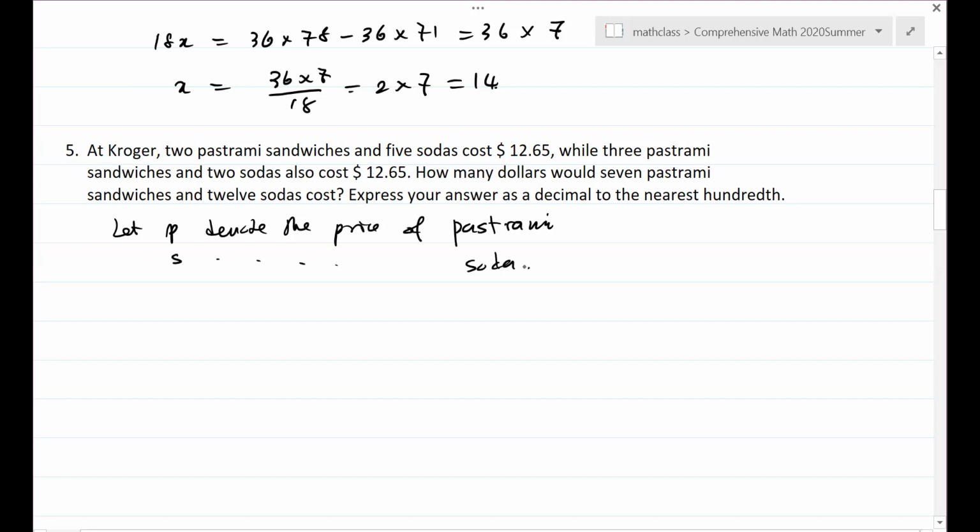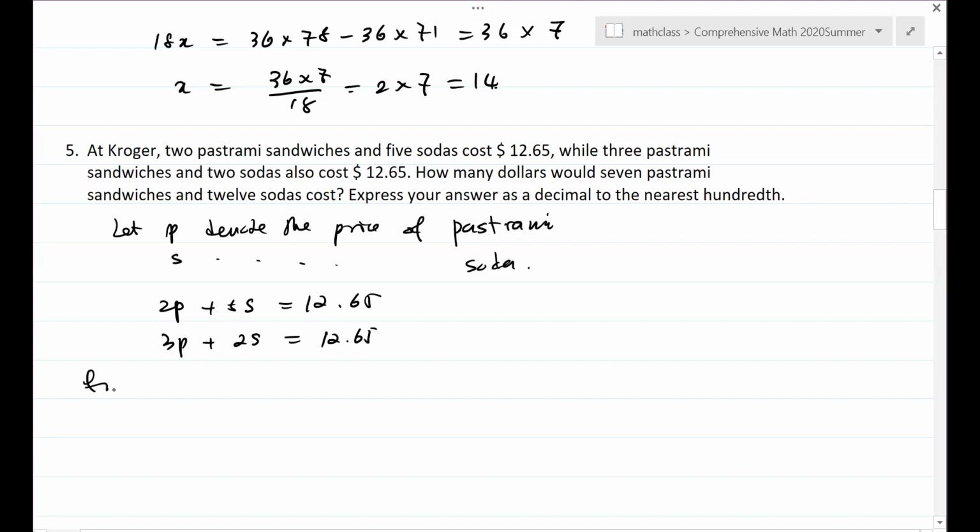Then you write down the information you're given. 2 pastrami and 5 soda equal $12.65, and 3 pastrami and 2 soda is also $12.65. Now, what do you have to find out?